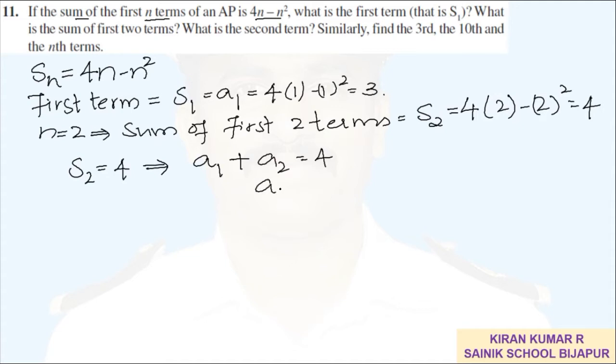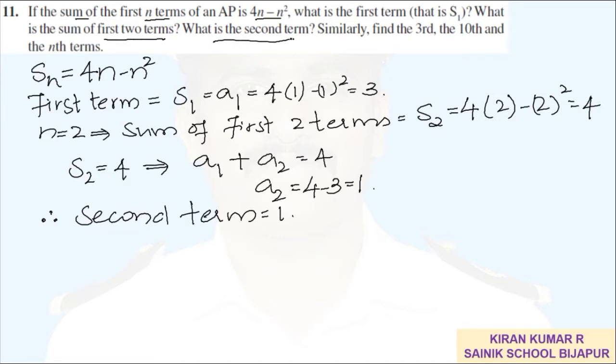I know the value of A1, so A2 will be 4 minus 3, nothing but 1. So the second term is 1. So we have found the sum of the first two terms and also the second term.